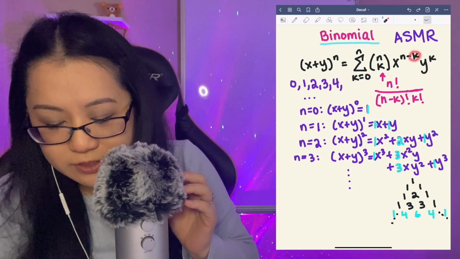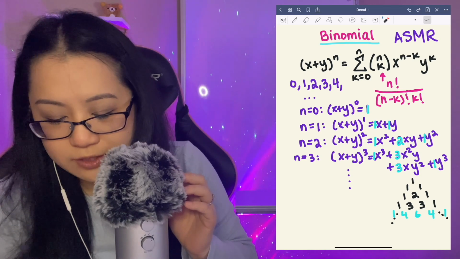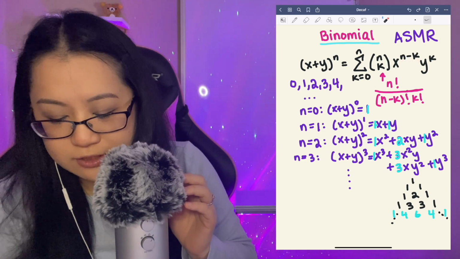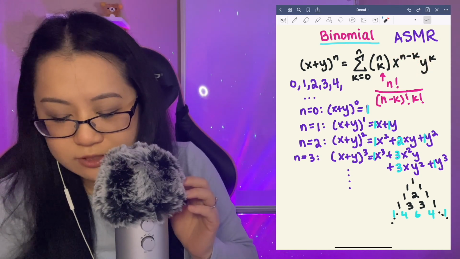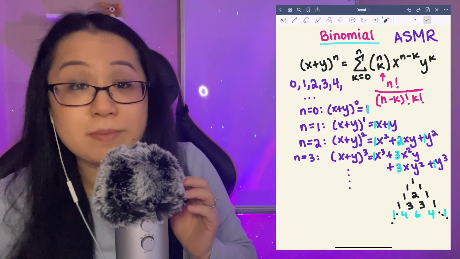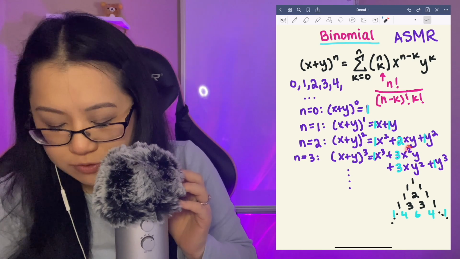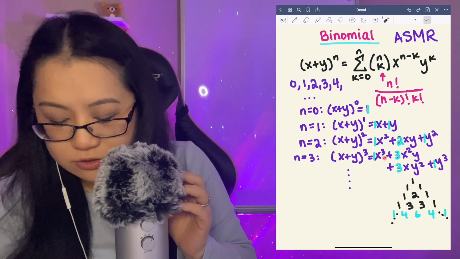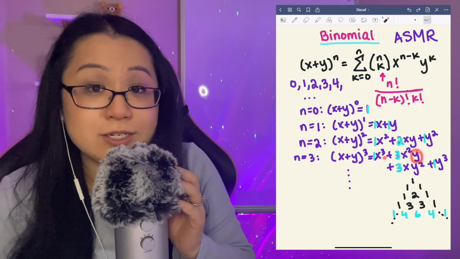Then what we're doing is we're decreasing by 1. So when k equals 1, you're doing x to the n minus 1. So you're decreasing the exponent of x by 1, and you're also increasing the exponent of y by 1. So the next one would be from 3 to 2 for the x part. So it's x squared, and then there's no y in the beginning here, but you increase y by 1 here.